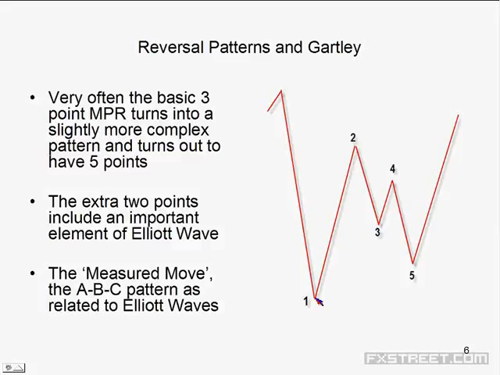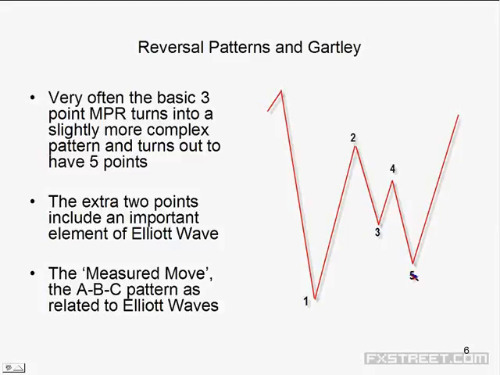Okay. Now, I mentioned here that the move from 2 to 3, 3 to 4, and 4 to 5 is a very important part of Elliott wave, and certainly for those first looking at Elliott wave, it's one of the most tradable patterns. It's the ABC measured move, where the vertical distance traveled from 2 to 3 is very often exactly the same as the vertical distance traveled from 4 to 5.